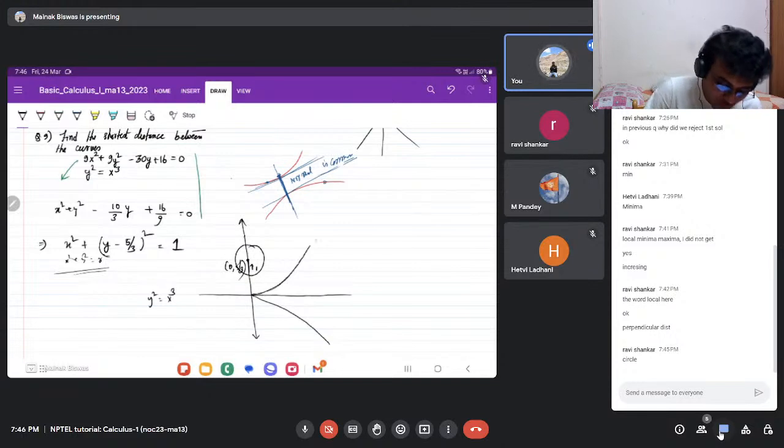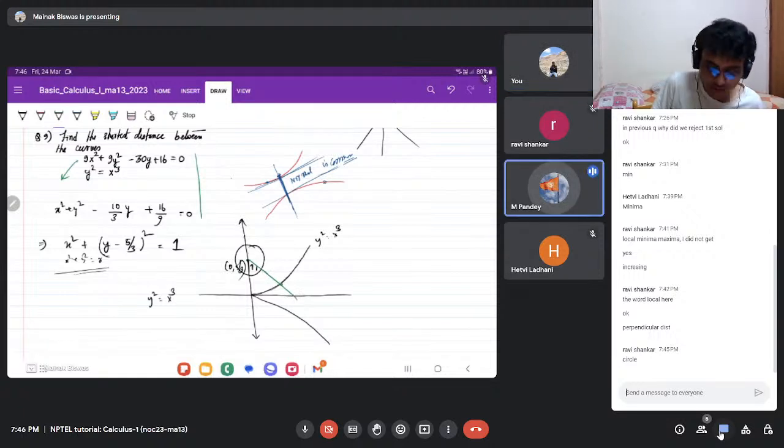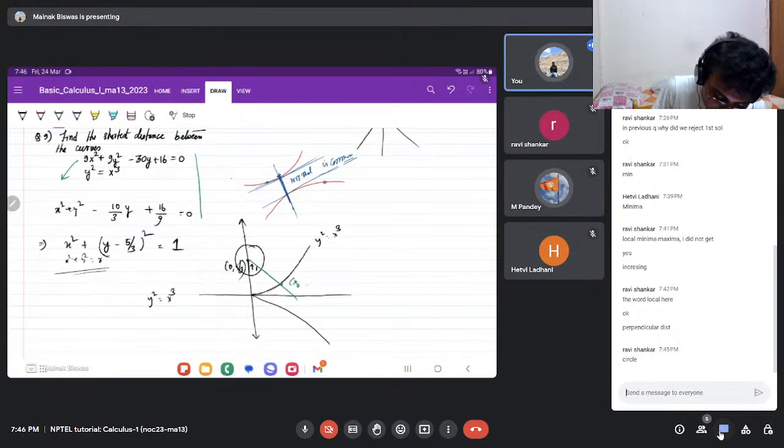So this is your y square is equal to x cube. Agreed? So something like this will be your... yeah, go ahead. Doubt? Yes, sir, agreed. So x0, y0 is the point where the distance is minimum. Agreed? So I will try to find the tangent or the normal.